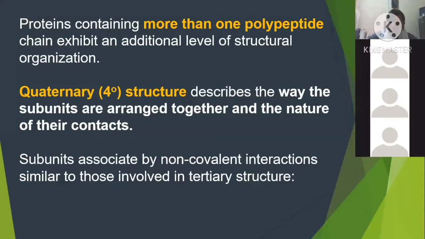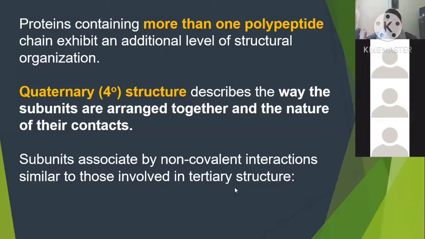So quaternary structure refers to proteins which contain more than one polypeptide chain and their interaction with each other. Fine. These subunits associate or link together via non-covalent interactions similar to those involved in tertiary structure.